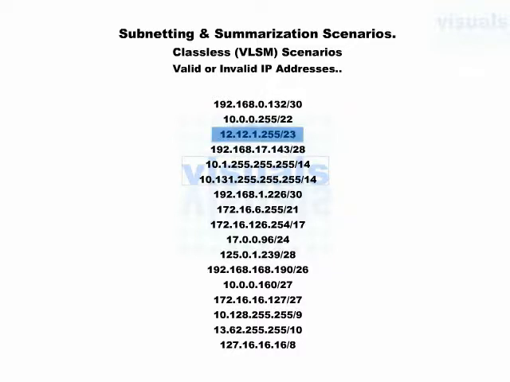Here it is, 12.12.1.255. Now we have to determine whether it is a valid or invalid IP address. Now we can see it is /23. It means that it still lies in class B subnetting, from bits 17 to 23. So it is a class B subnetting example. Well, now /23 provides the subnet mask of 255.255.254.0.